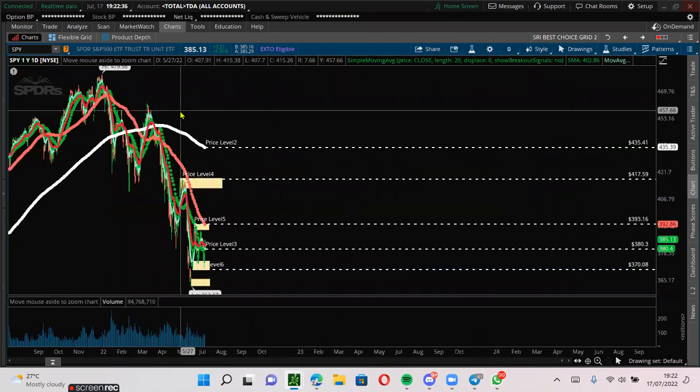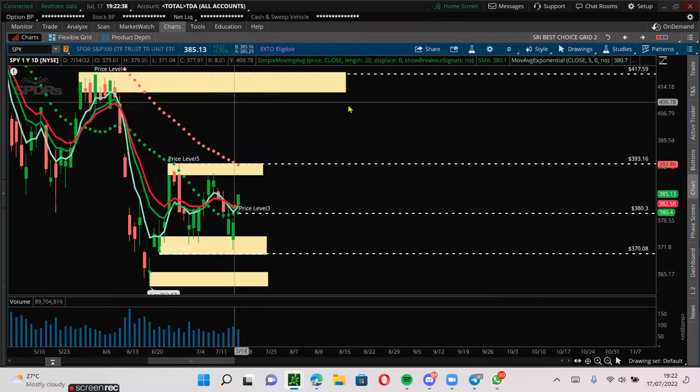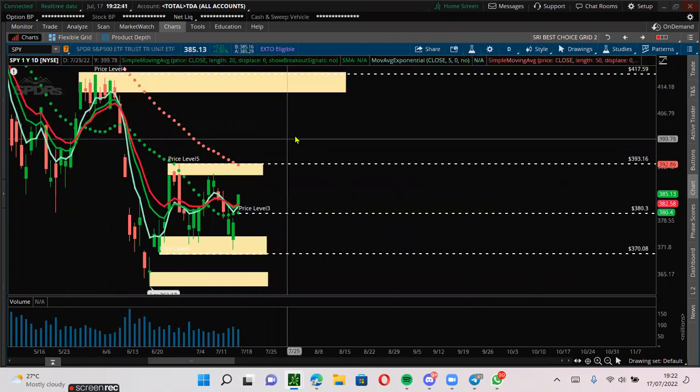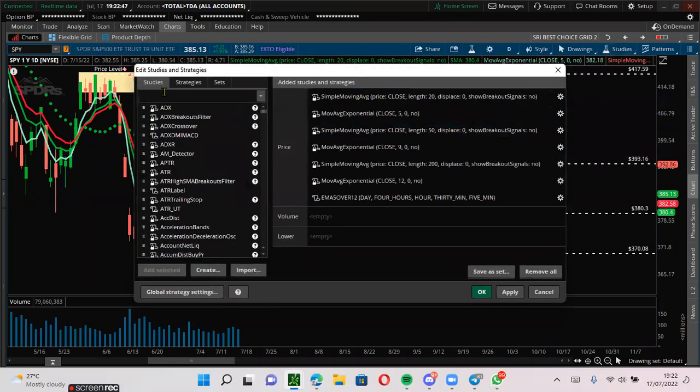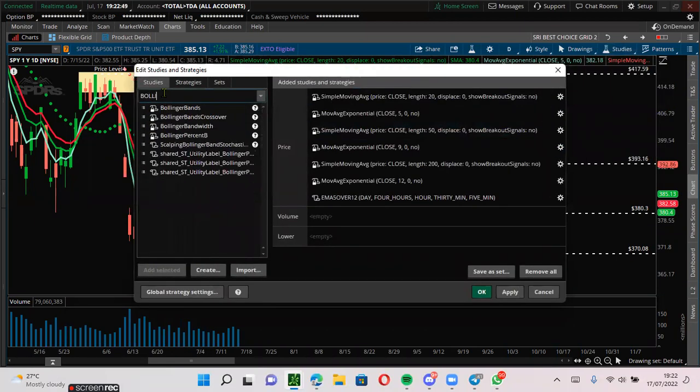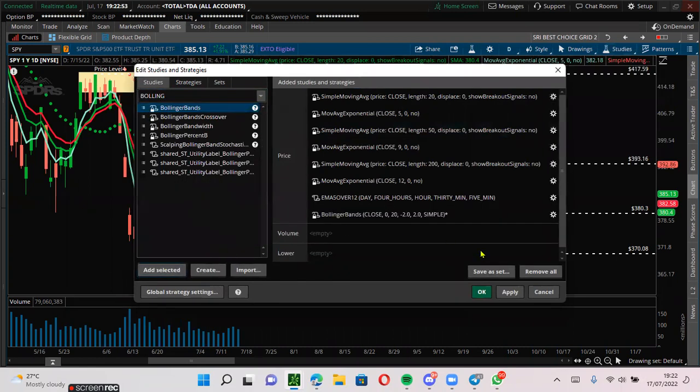One more thing I wanted to know is the Bollinger Band. I wanted to know the volatility of the market: how high it can go and how low it can drop. So I'll add a Bollinger Band on top.